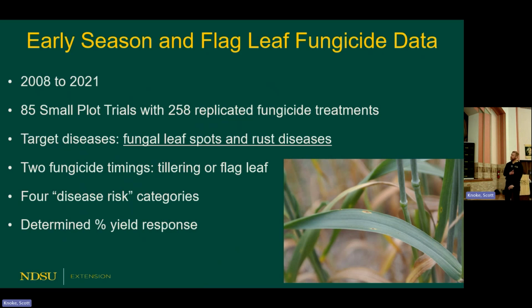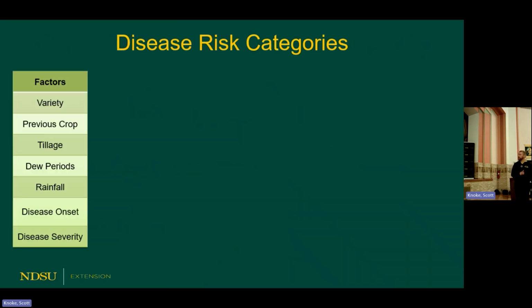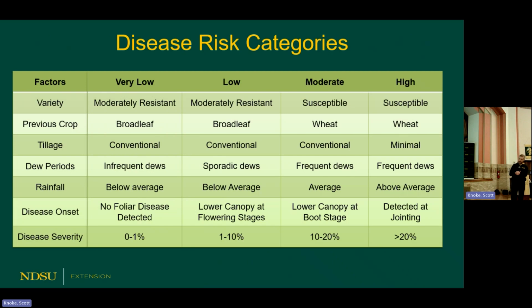So with the data set up, there are only the two timings I'm looking at specifically, which I call the herbicide timing and the flag leaf timing, and the data I'm presenting is percent yield response. I'm taking all this data from all the trials and categorizing it using these parameters. The parameters that I like using are your variety, previous crop, a big input because you have residue-borne diseases, some environmental parameters like the dew period and rainfall, and then general disease observation.